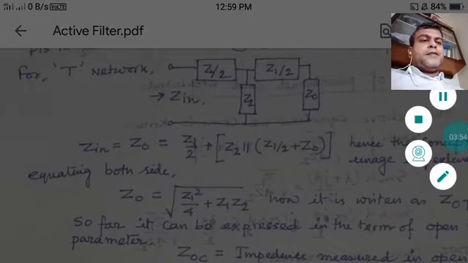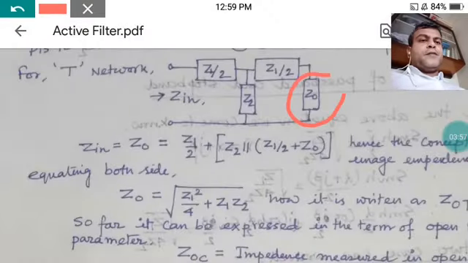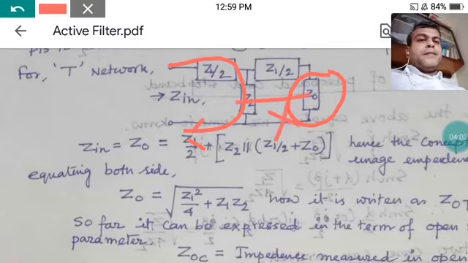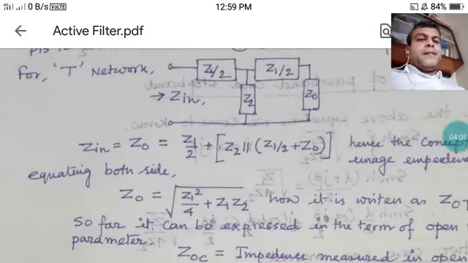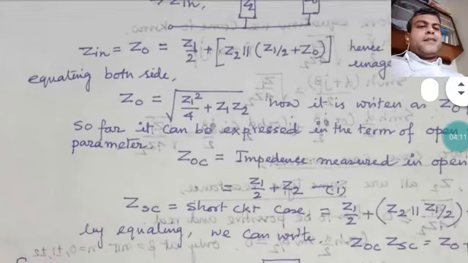If Z0 is terminated, the current flows only through this path, it will never go to the other path. So obviously it is just Z1 by 2 plus Z2, again Z1 by 2 into Z2.